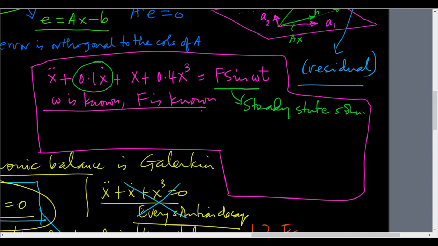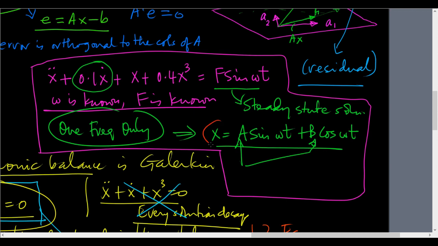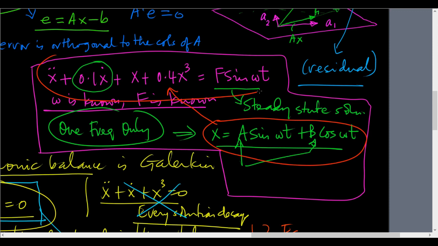That solution, if I do one frequency only as an approximation, I will say x is equal to a sine omega t plus b cos omega t. How many unknowns now? 2. I substitute this expression into this equation and I get a residual r.